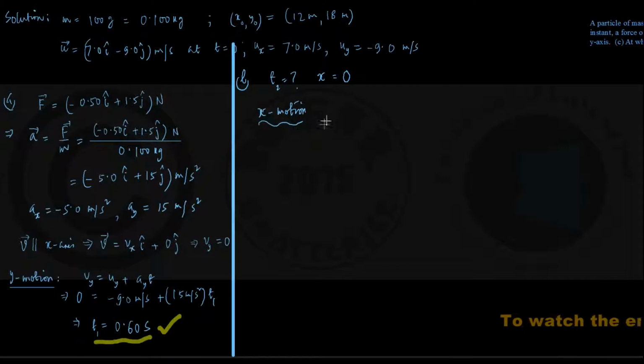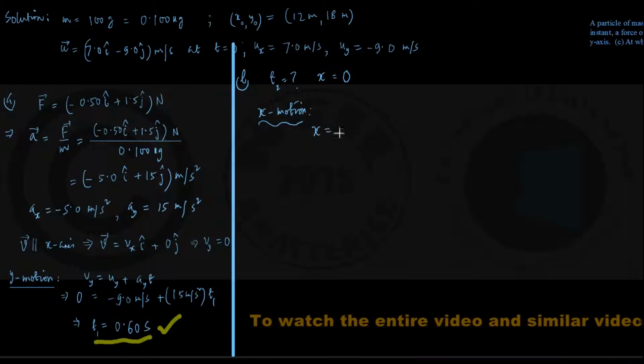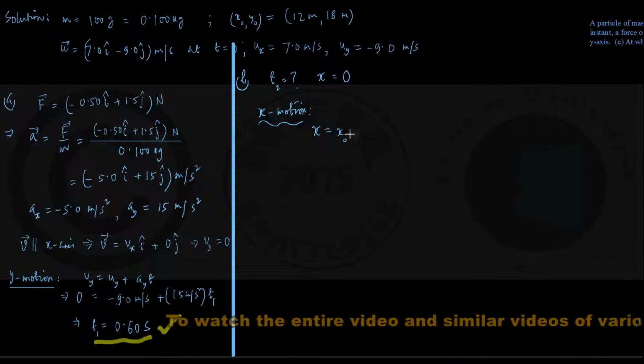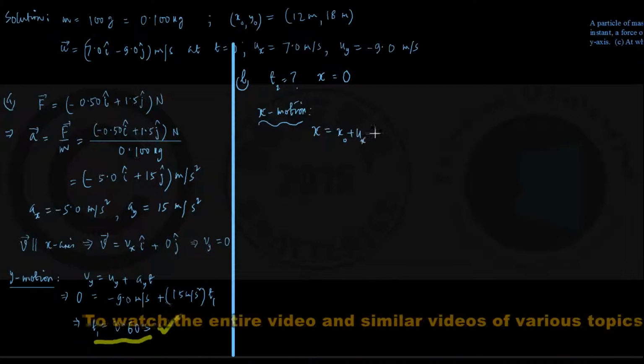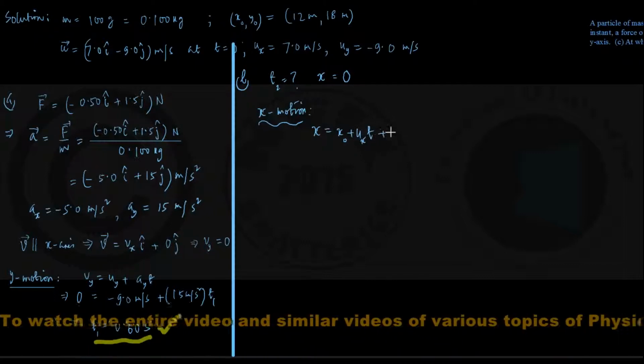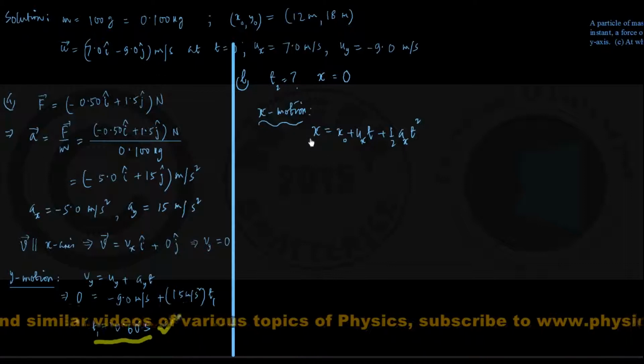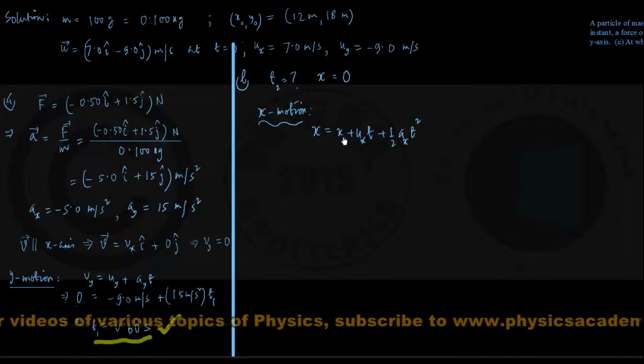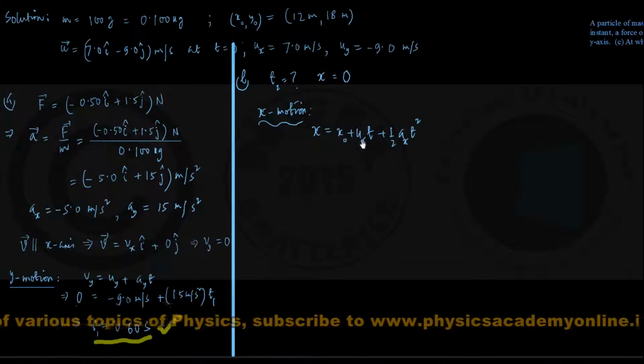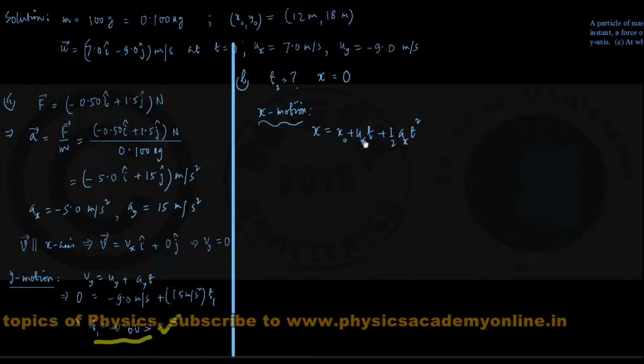And we recall this kinematic equation in component form, that is x coordinate is equal to x0 plus ux into t plus half ax into t square, isn't it? Here x is the final position coordinate, x0 is the initial x coordinate, ux and ax are the respective x components of initial velocity vector and acceleration vector.